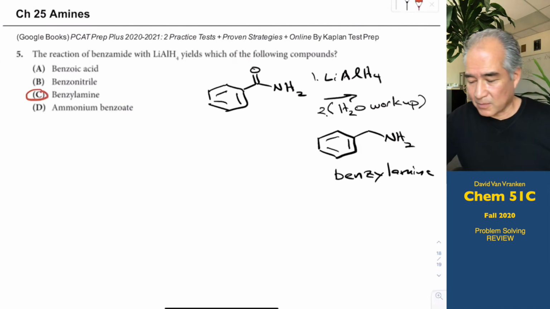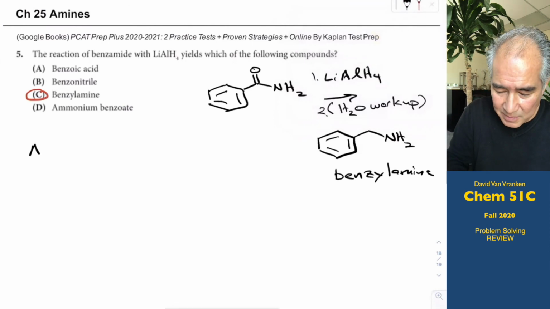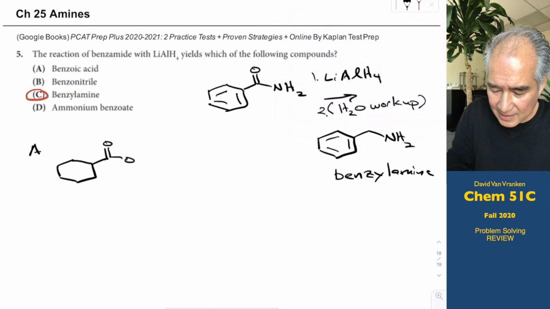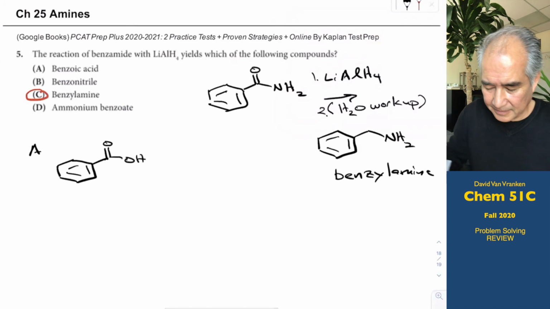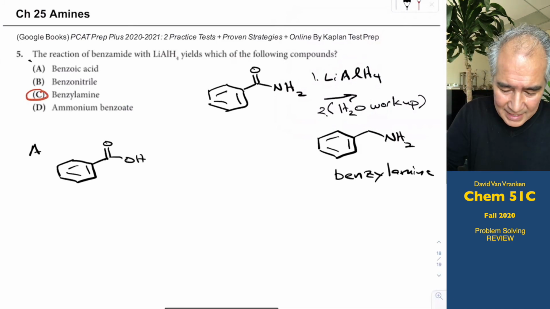What's the first one? Well, whatever is A can't possibly be the right answer because there can't be 2 right answers on this question. So A is benzoic acid. And so there's no way if you treated benzamide with lithium aluminum hydride that you're going to get benzoic acid. So that's just plain wrong. Let me just cross that out.